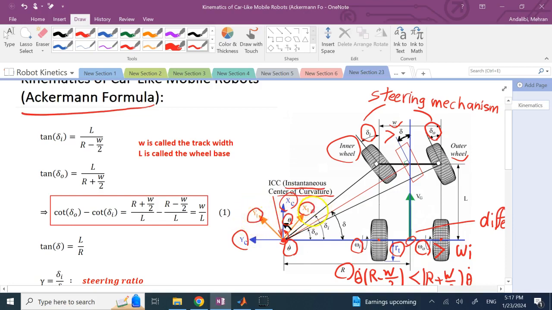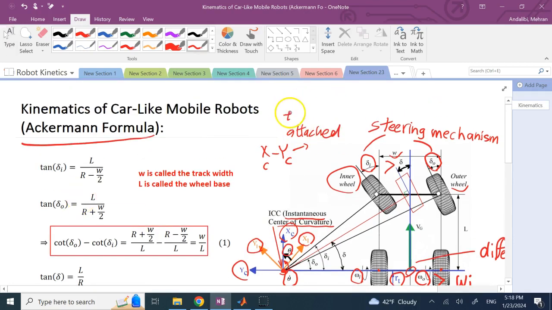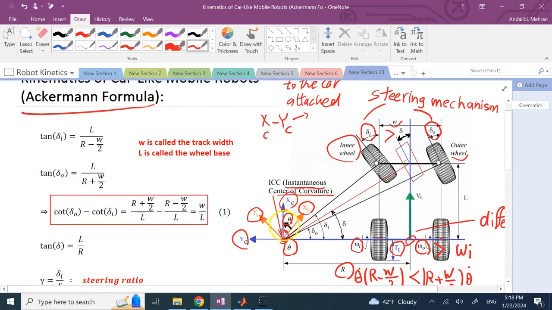These frames are fixed, with respect to the ground. This xc and yc is attached to the car. The angle between them is theta, and we're going to look at the change in that theta as well as the change in x and y, so xc dot and yc dot.